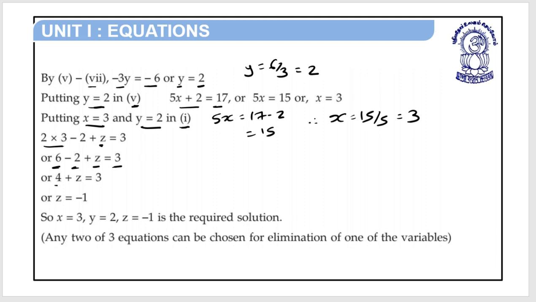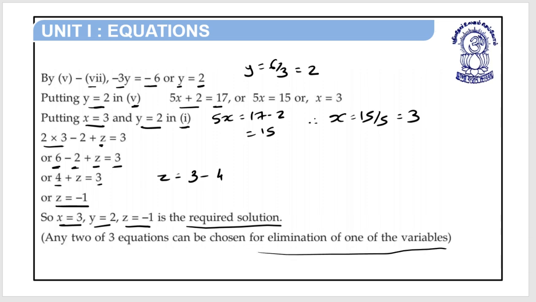So 6 minus 2, 4 plus z is equal to 3. So z is equal to 3 minus 4. So z is equal to minus 1. So x is equal to 3, y is equal to 2 and z is equal to minus 1 is the required solution. Any two of three equations can be chosen for elimination of one of the variables.